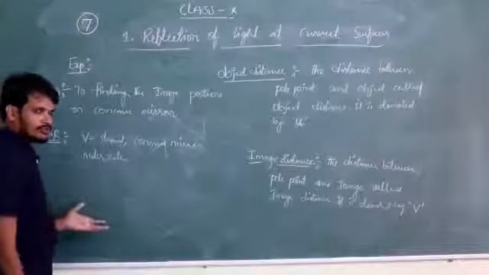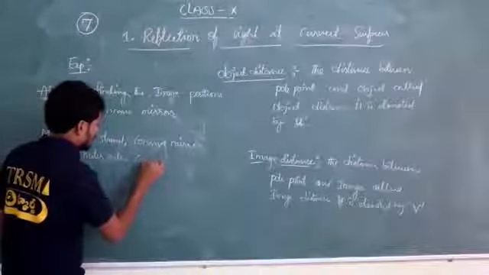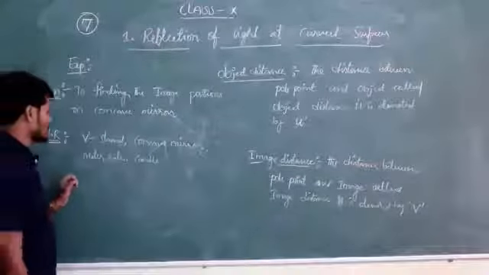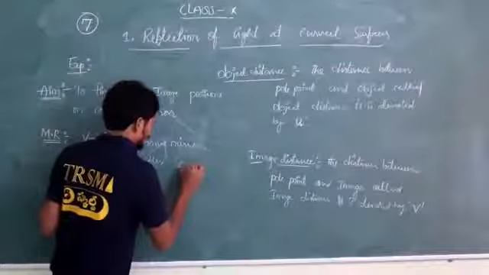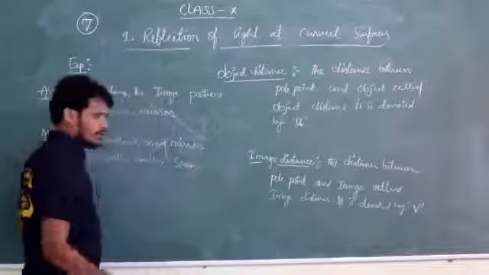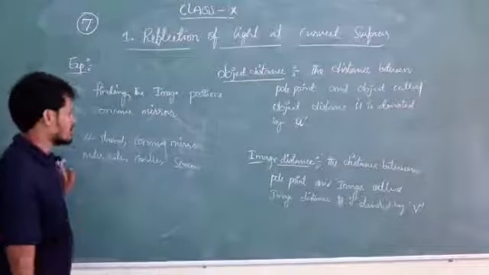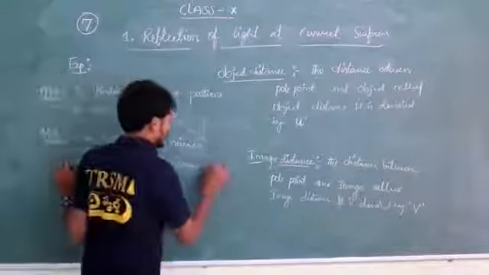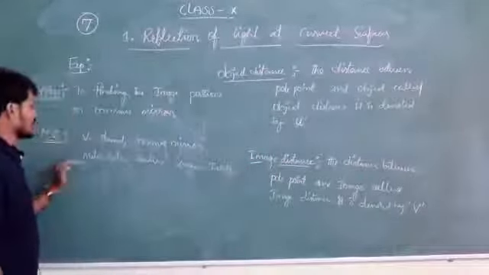A meter tape which is available to you, you can take that. And candle for flame, candle for lighted object. Next, screen. If you may not have a screen, use white paper, no problem. White paper also acts as a screen. So table, a proper table for doing this experiment.